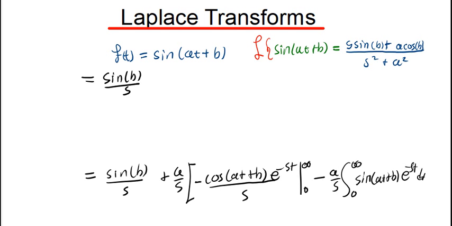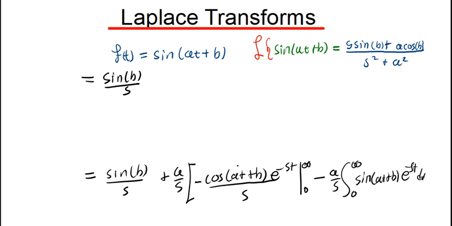Evaluate for this one. One thing that you observe is that if you substitute with infinity, you're going to get a 0, which I've already explained in one of the previous steps. Then if you substitute with 0, you're not going to get a 1, you're going to get cos b, because if you put 0 here, that is a multiplied by 0, that would be 0, so you remain with cos b.